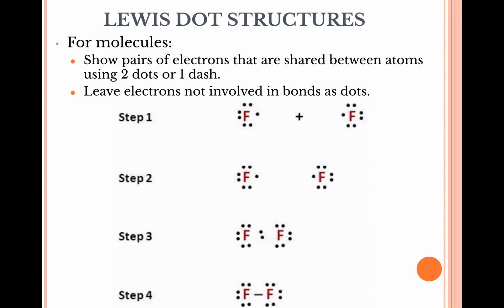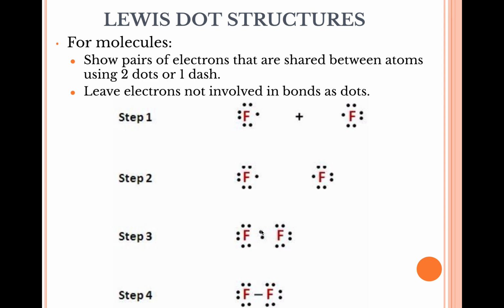All right, so here is how we draw Lewis dot structures for these. Remember, Lewis dot structures are always going to be the valence electrons. So fluorine has 7 valence electrons. We draw the F for fluorine, with 7 dots around it. This is still fluorine, so it has 7 dots. They need 8. So what you do is, either in step 3 or 4, and we're going to prefer step 4, but step 3 is not technically wrong, you draw it where they're close enough together that this is considered 1, 2, 3, 4, 5, 6, 7, 8.